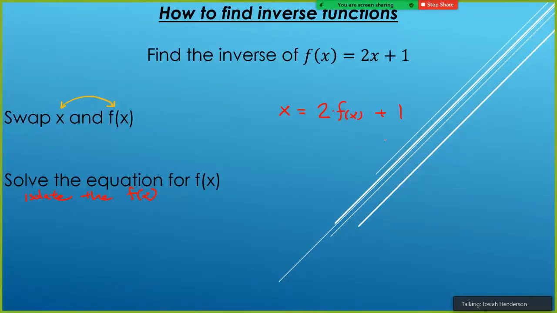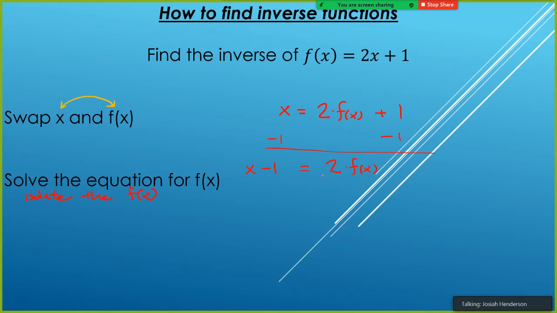So we're going to subtract 1 from both sides of the equal sign. So on the left, x minus 1, those aren't like terms, are they? So those are going to stay as just x minus 1. They don't combine. x minus 1 is equal to 2 times f of x.